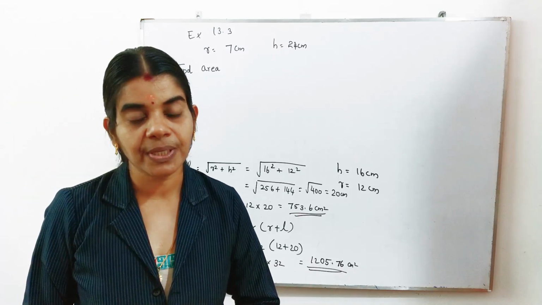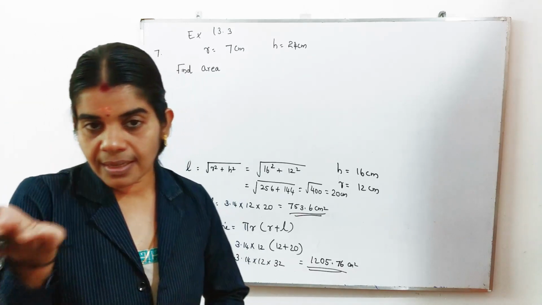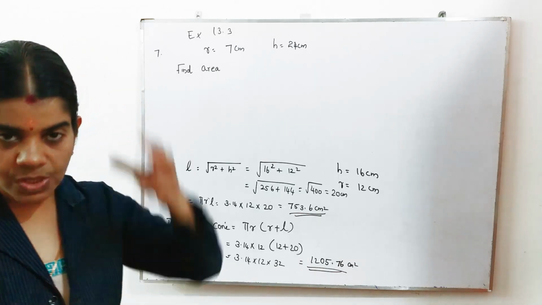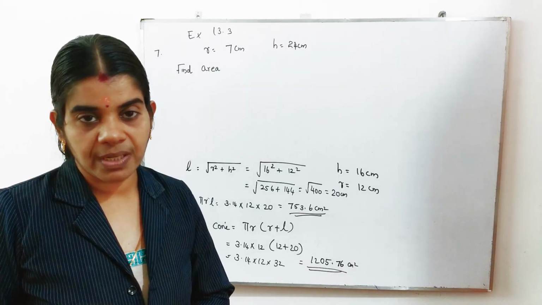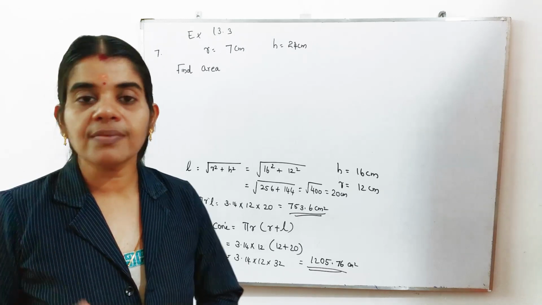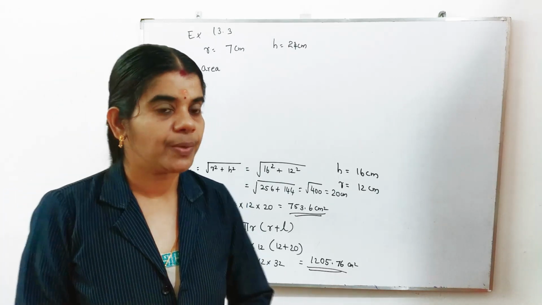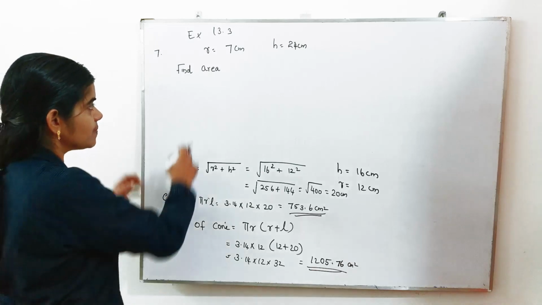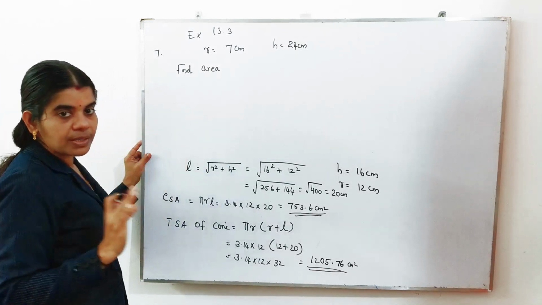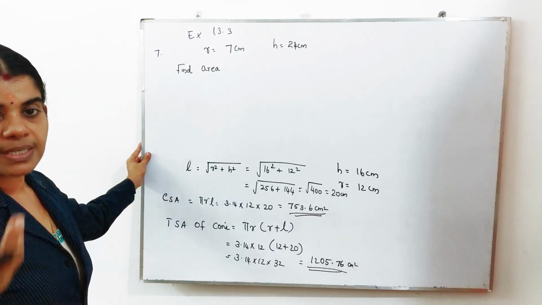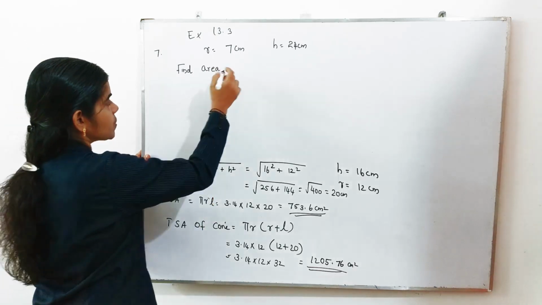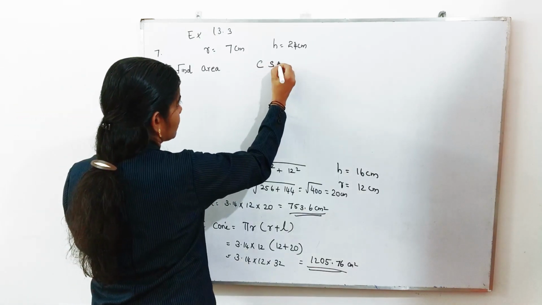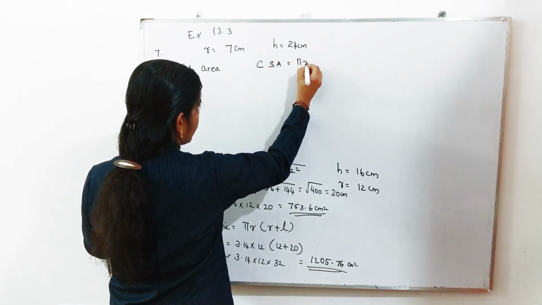For a cap, the base is not needed because you keep it on the head. So the base part is open. So only the curved surface area you want to find out, pi r L. It is not the total surface area because the base part is open. So you know that CSA is equal to pi r L.